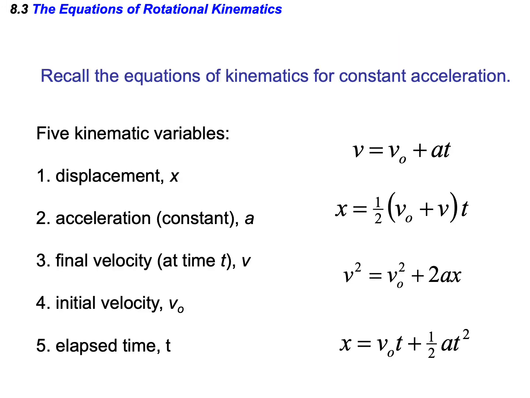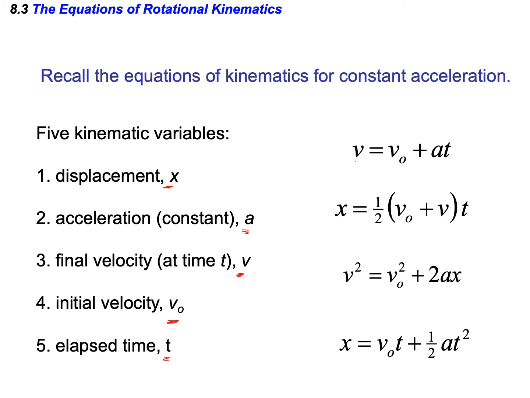Okay, so in this slide it shows we use x for displacement, a for acceleration, v for final velocity, initial velocity v naught, and the time. So we already talked about the relationships between velocity, acceleration, and time, displacement, velocity, and time, velocity, acceleration, and displacement, initial velocity, acceleration, and time. So we're going to use similar equations. We just talk about velocity.